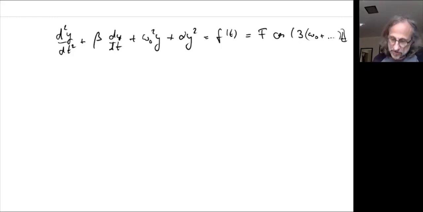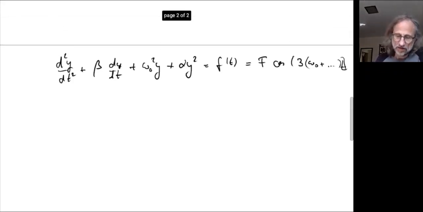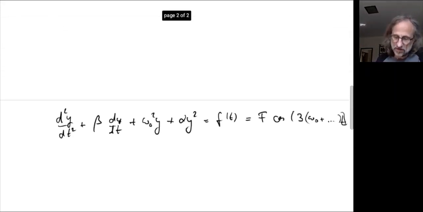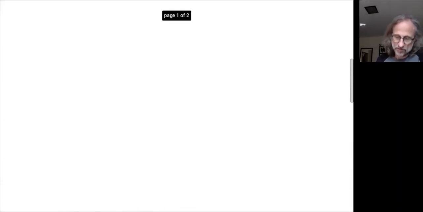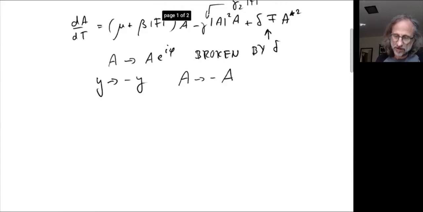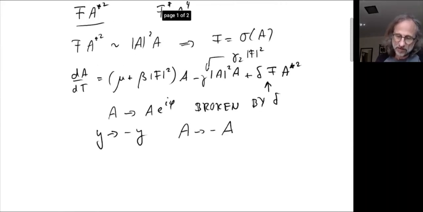So let's first look at this problem and also see what we expect. The equation we expect, based on our symmetry arguments, shows that there's a nonlinearity that's cubic and one that is quadratic in amplitude, but overall cubic.